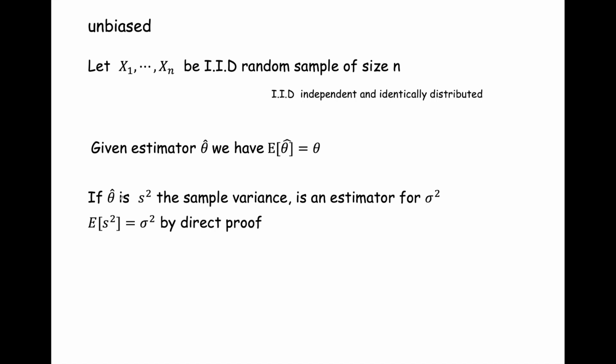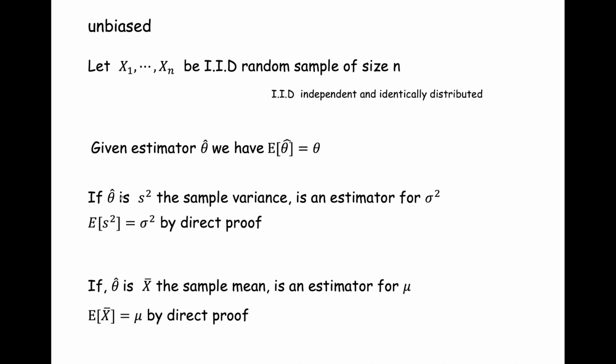If theta hat is, for example, a different estimator, x bar, the sample mean, computed over samples x1, x2, x3, up through and including xn, and x bar is an estimator for mu, the unknown population mean, that means the expectation of x bar is equal to mu. And you can absolutely also prove that by direct proof.